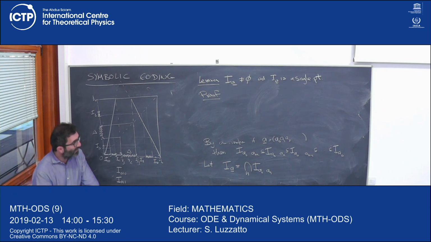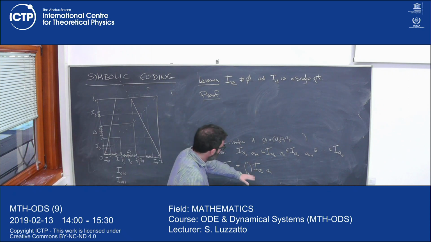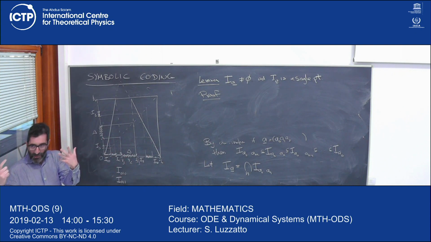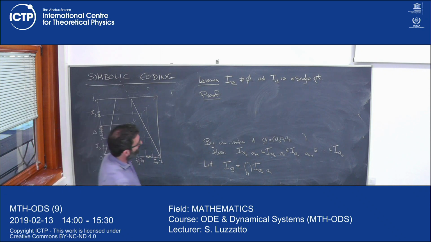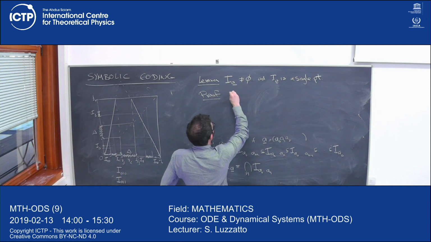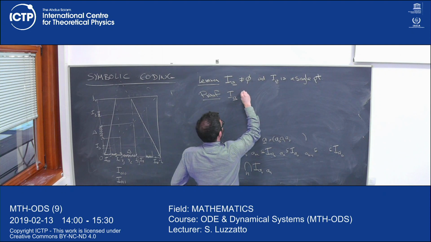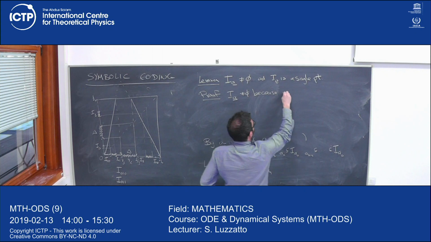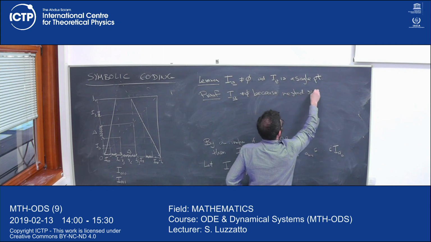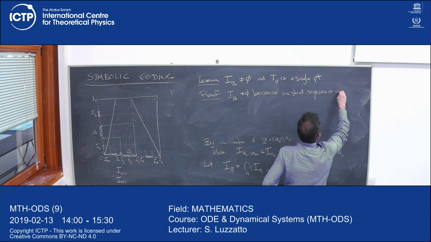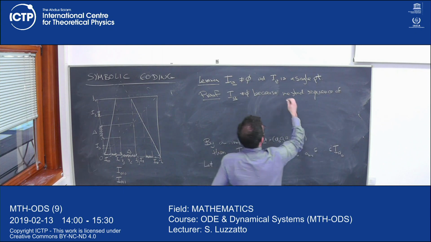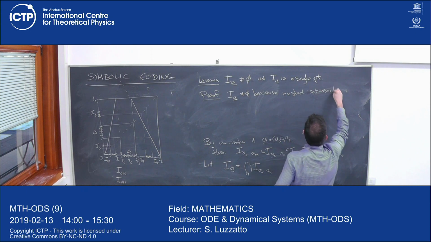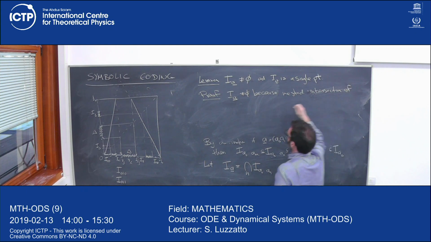When the nested sets are closed intervals, you don't need the general topological result, you can prove it directly. So I of a bar is non-empty because it's a nested intersection of closed sets.